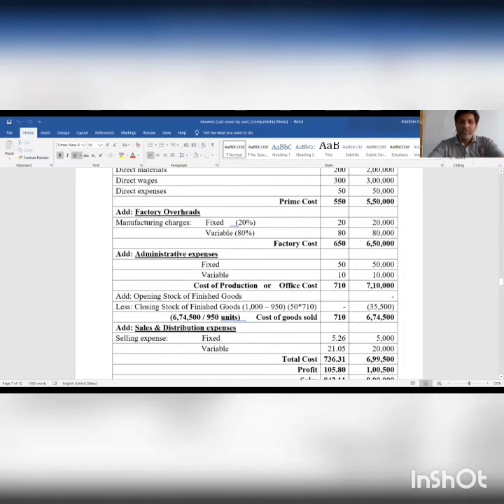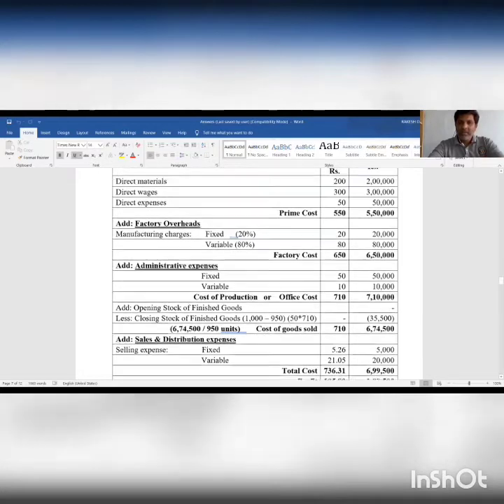Now we have to add the opening stock of finished goods if given in the question. In the same way, we have to deduct the closing stock of finished goods if given in the question. Here there is no information about opening stock, meaning the stock for the year 2015.